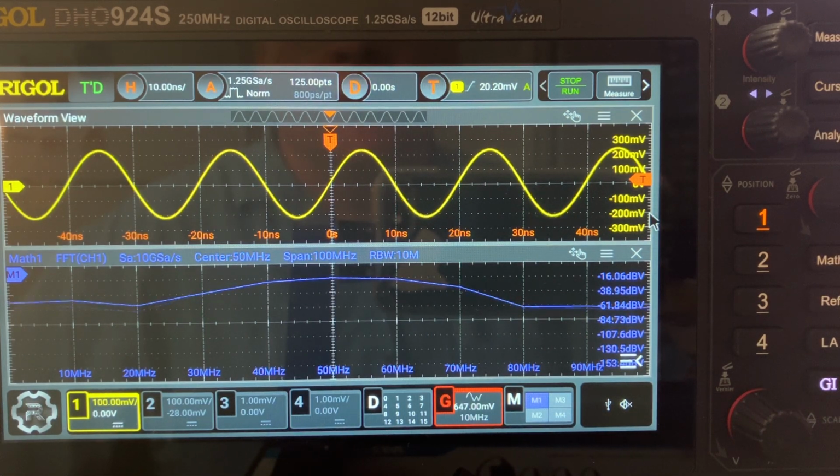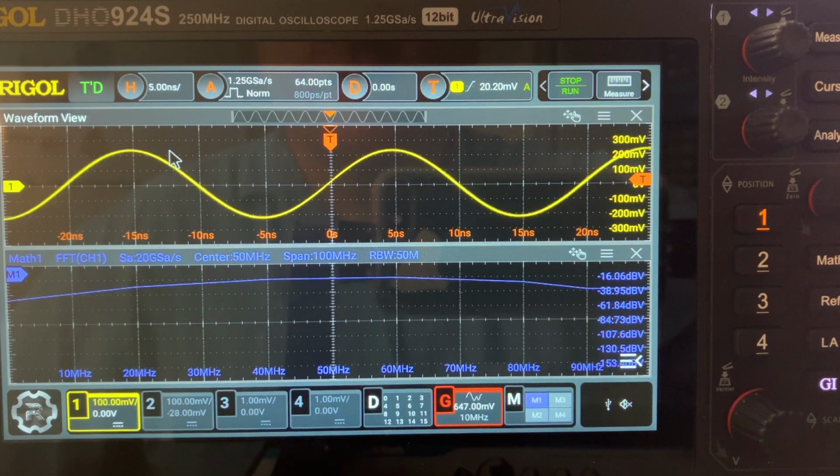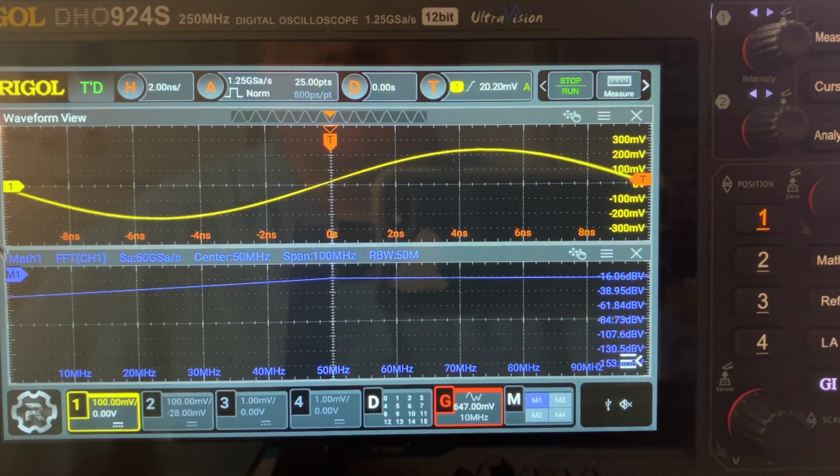If you were to have a lower frequency than that, just to show you what I mean, this is the minimum: 25 points on the entire display. So the lowest frequency you have is this, but the scope has the possibility to have a lot of samples, yet there are only 25, so you don't have enough points to understand what is composing it.